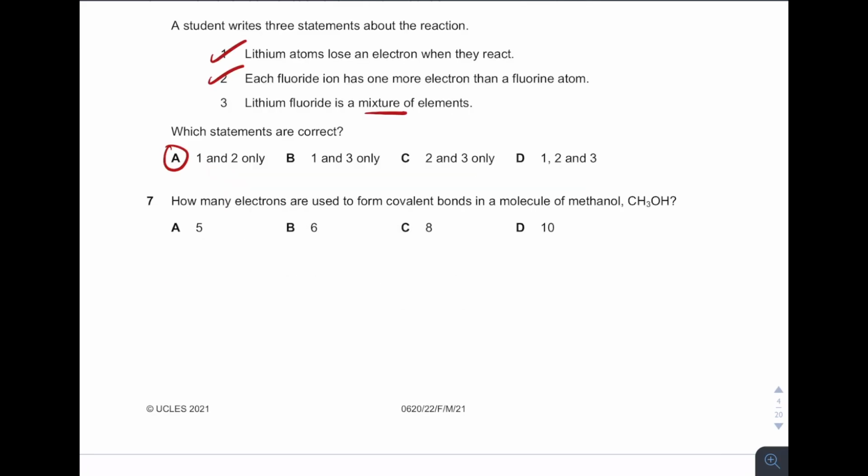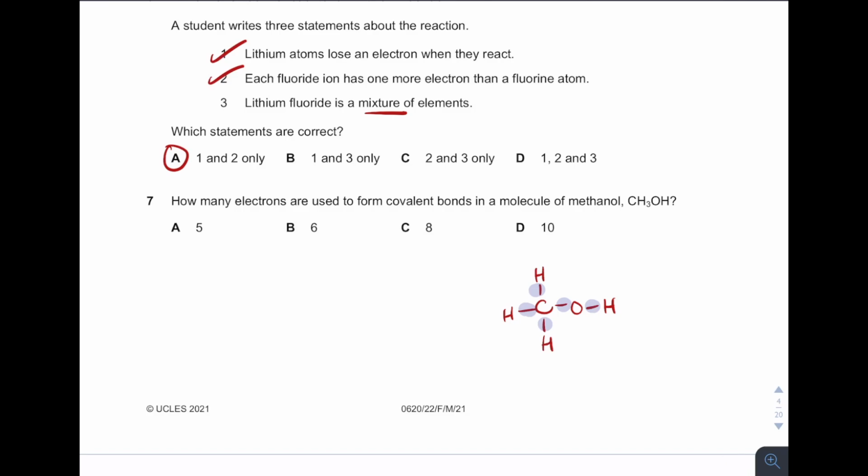Next, how many electrons are used to form covalent bonds in the molecule of methanol? First, what does the structural formula look like? CH3OH. Remember, to form one single covalent bond, a pair of electrons is needed, which means 2 electrons for every single bond.